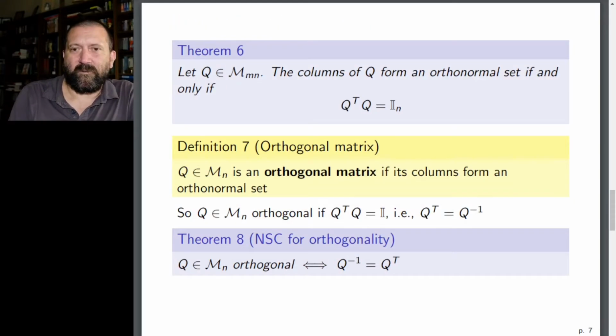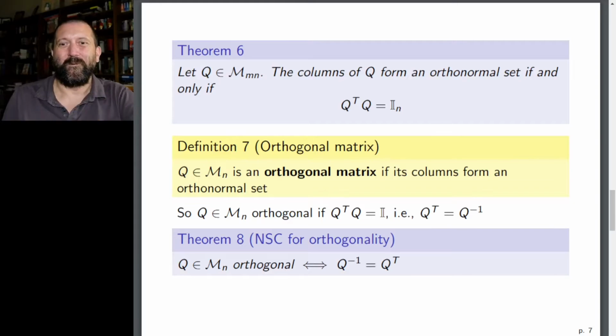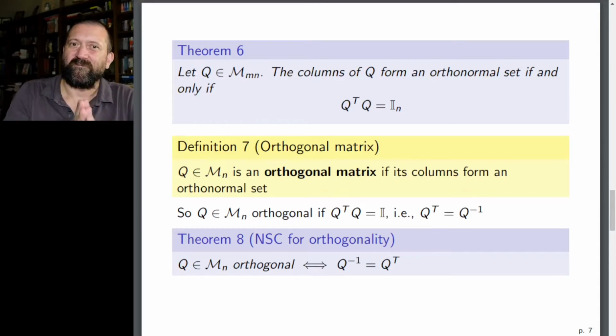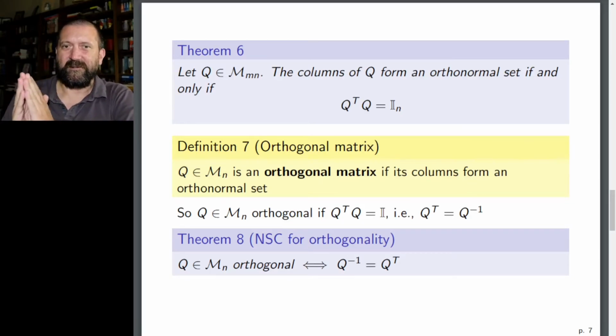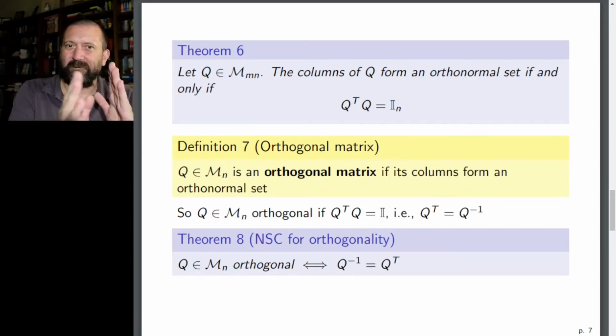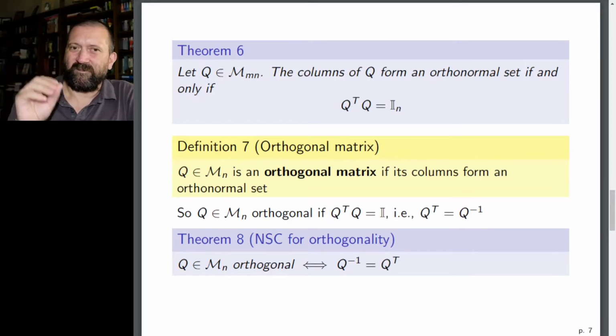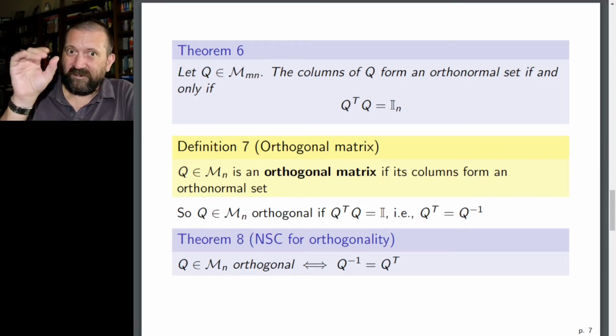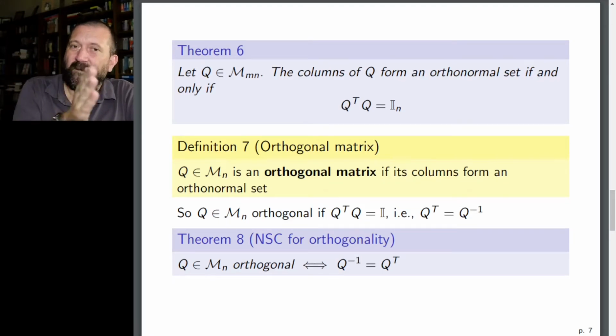So let's move on to the next topic. We're moving towards the QR decomposition, and now we're going to look at matrices. In the same way as we looked at matrices whose columns were linearly independent, we are going to look at a matrix and its columns, and at what type of set these columns describe.